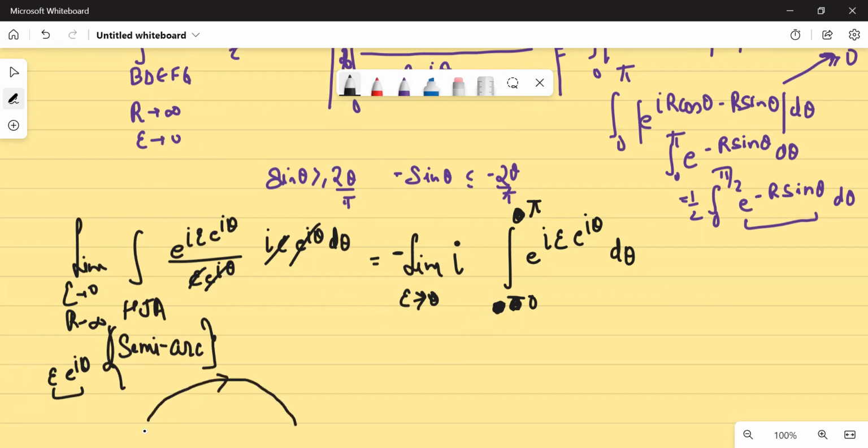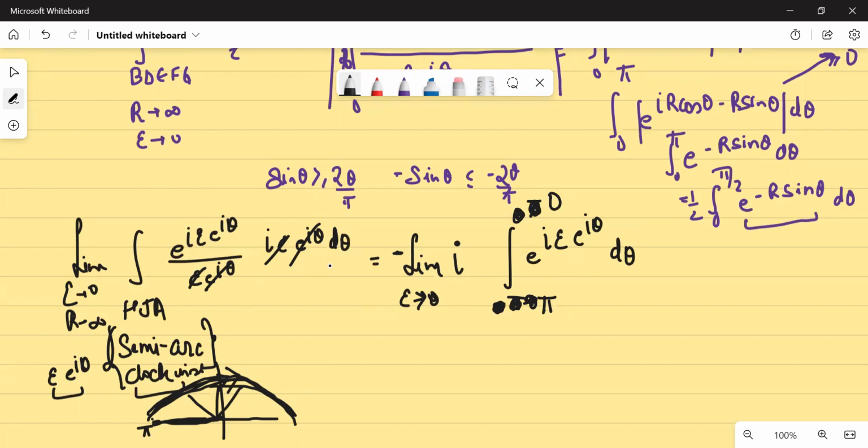So your angle is transforming from pi to 0. Is that clear? And what sort of orientation sense is this? I would say this is a clockwise orientation sense, if I'm not wrong.